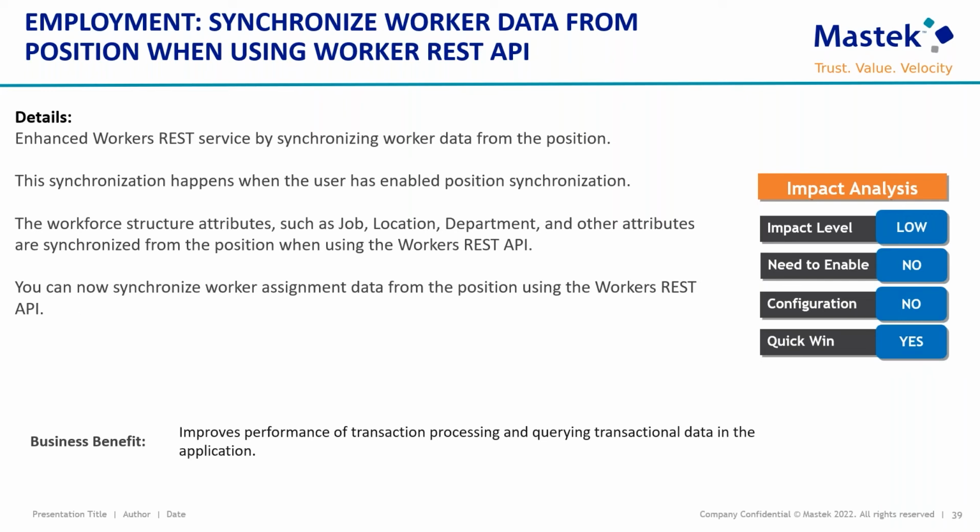It improves the performance of transaction processing and querying transactions data in the application. We need not do any configurations or any opt-ins for it. This is by default available and can be utilized.